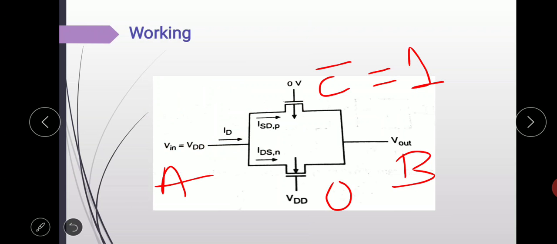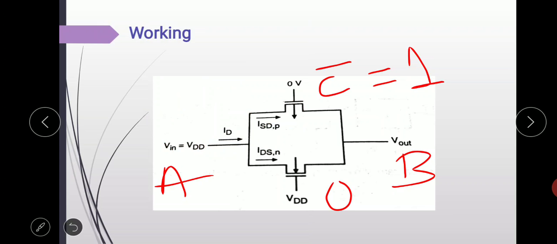It acts as a switch. When the transistors are turned on, it is a closed switch. When the transistors are off, it is in open condition. This condition is called the high impedance state. Why high impedance state? Because no current flows through this.